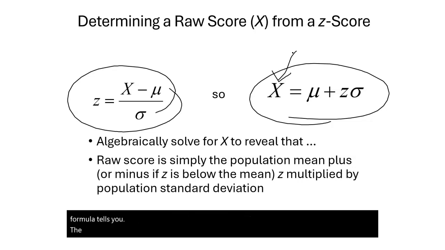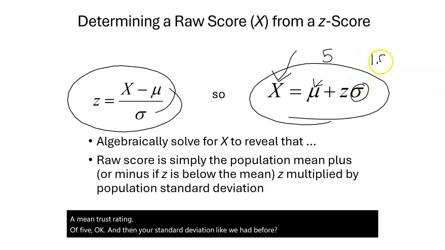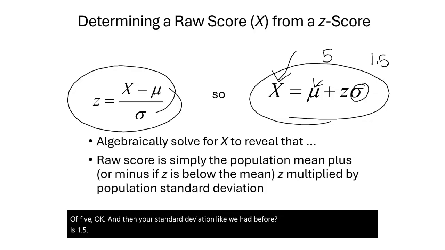So let's say you had a mean trust rating of 5, and your standard deviation, like we had before, is 1.5, and you had your z-score of 2.0.